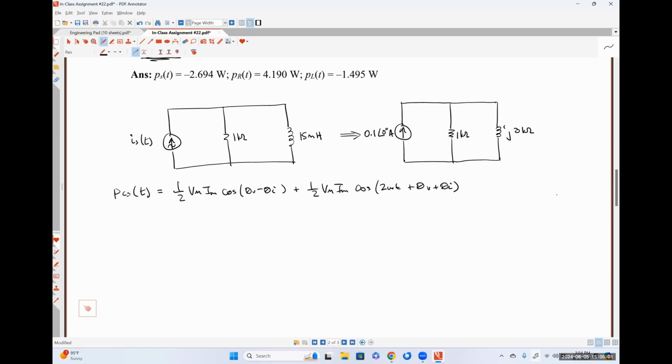So how might we go about finding our phasor voltage? Let me be explicit here and say that this is the phasor voltage that I'm looking for. It's just going to be our current source, and then we can do current division, and then multiply whatever answer we get there by 1 kiloohm. So we could.